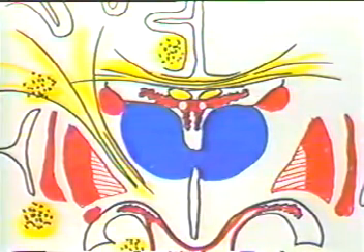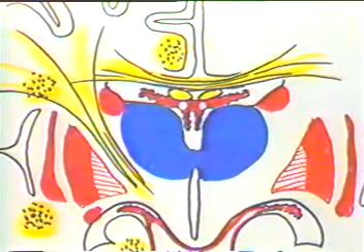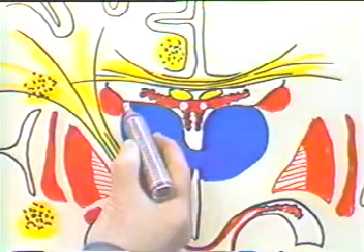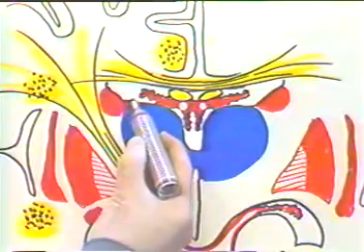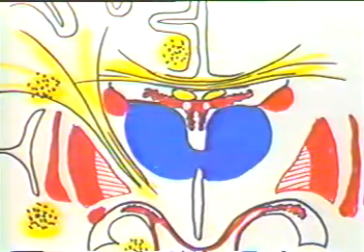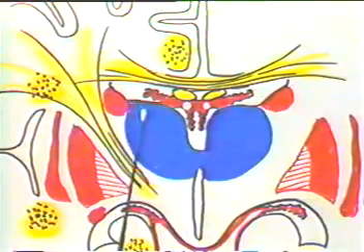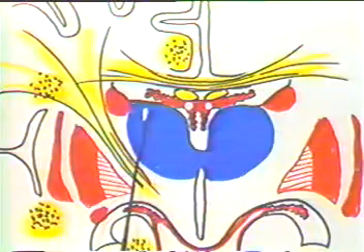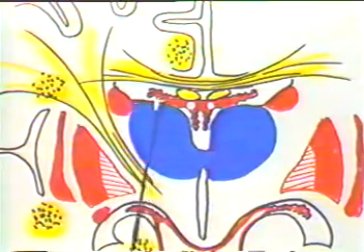The dorsal surface of the thalamus is at this point covered by a thin ependymal layer here, which belongs to telencephalon here.